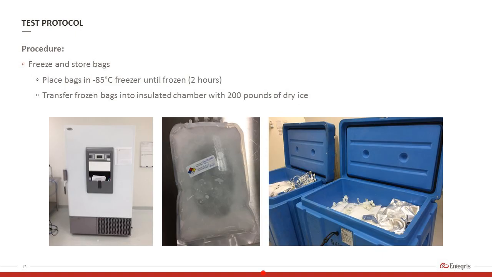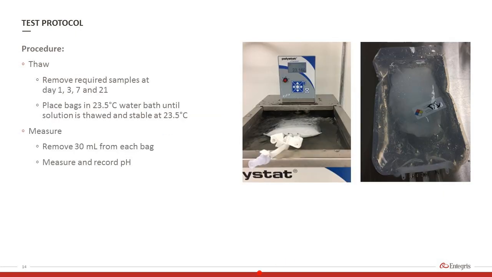The filled bags were then placed into a freezer at -85 degrees C to facilitate the freezing process, and this took about 2 hours. The frozen bags were then placed into chambers containing 200 pounds of dry ice each. Specific bags were removed at the test time intervals of 1, 3, 7, and 21 days.